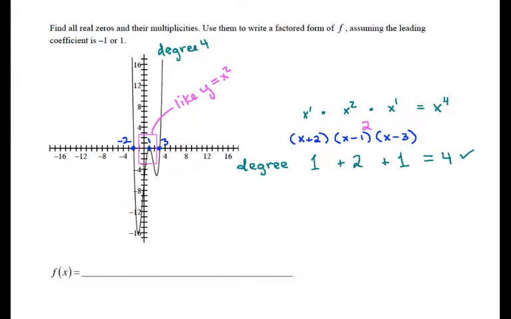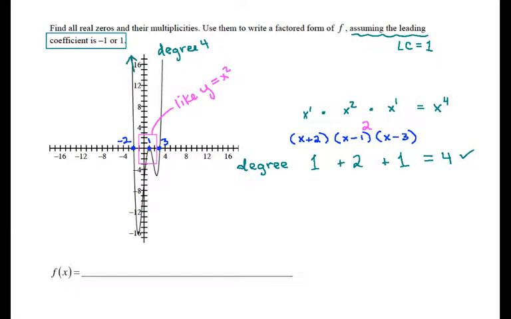I always look back at the instruction to make sure that it tells me the leading coefficient is -1 or 1 before assuming that. Assuming the leading coefficient is -1 or 1, all I have to figure out is whether it's negative or positive. In this case, the leading coefficient appears to be positive, which I can tell from the end behavior.